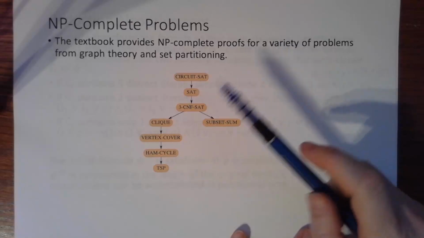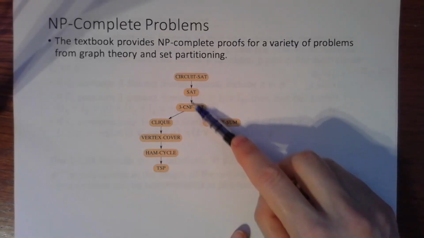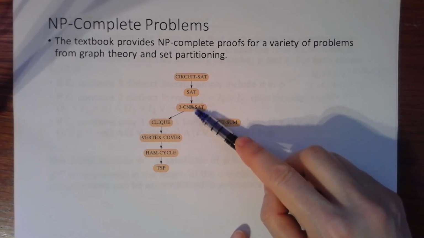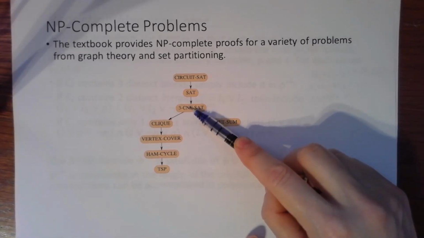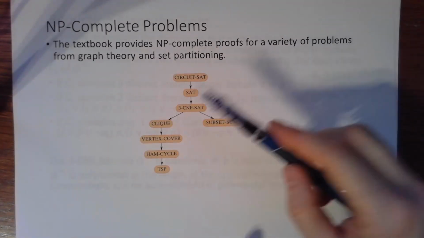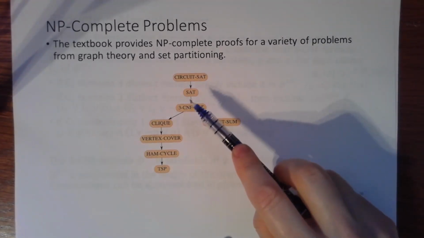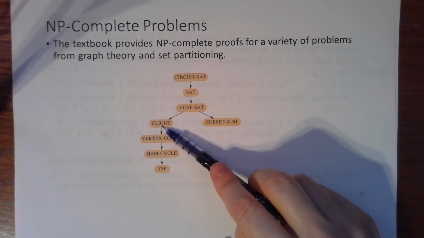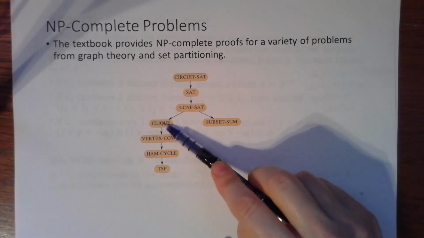But it's kind of interesting to see how we can take these satisfiability problems that are just about Boolean circuits or Boolean formulas, and map them to problems that seem to be in completely different fields. So we'll look at how we can map this 3 CNF satisfiability to a graph theory problem called Clique.